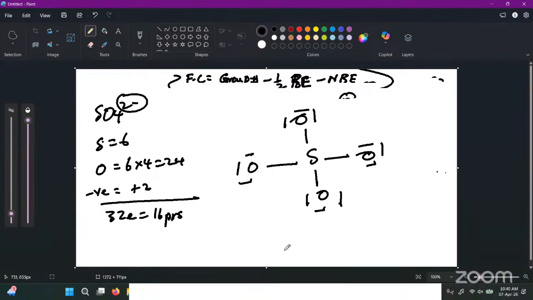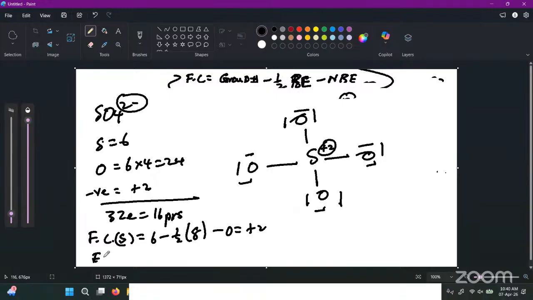So, next step, formal charges. So let's calculate the formal charge for the sulfur first. How would we calculate that? 6 minus half of 8, minus 0. So that gives you what? Plus 2 for the sulfur.